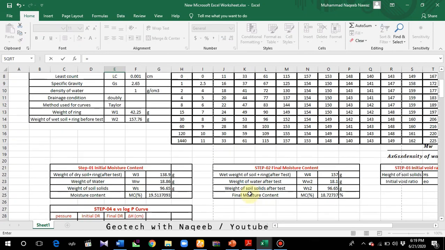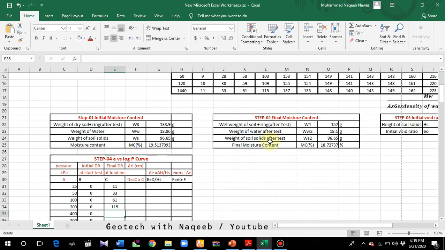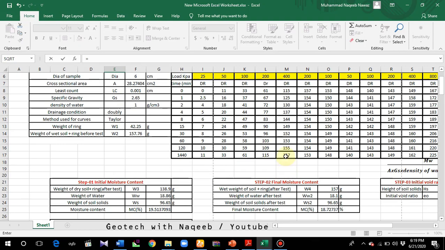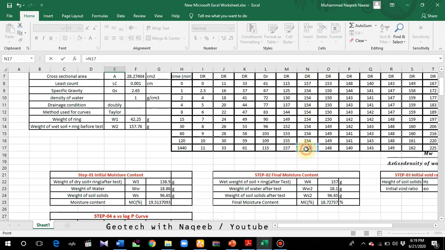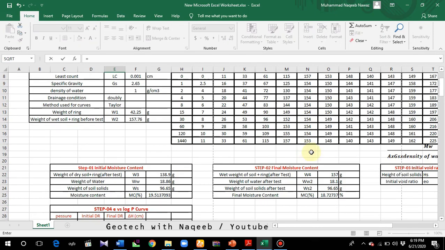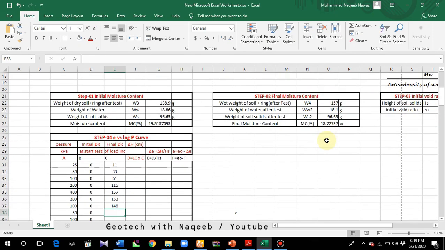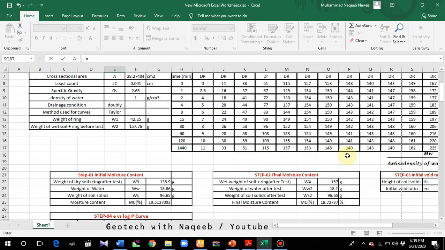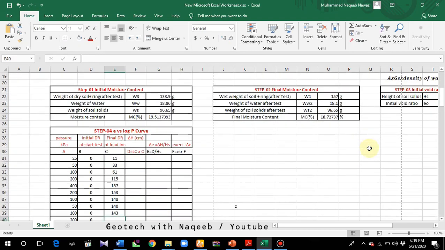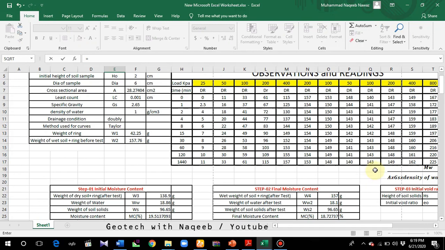Then you will have to select this one, equals to 157, then 153, then 148, then equals to 140, then equals to 143. These are the readings. 149.